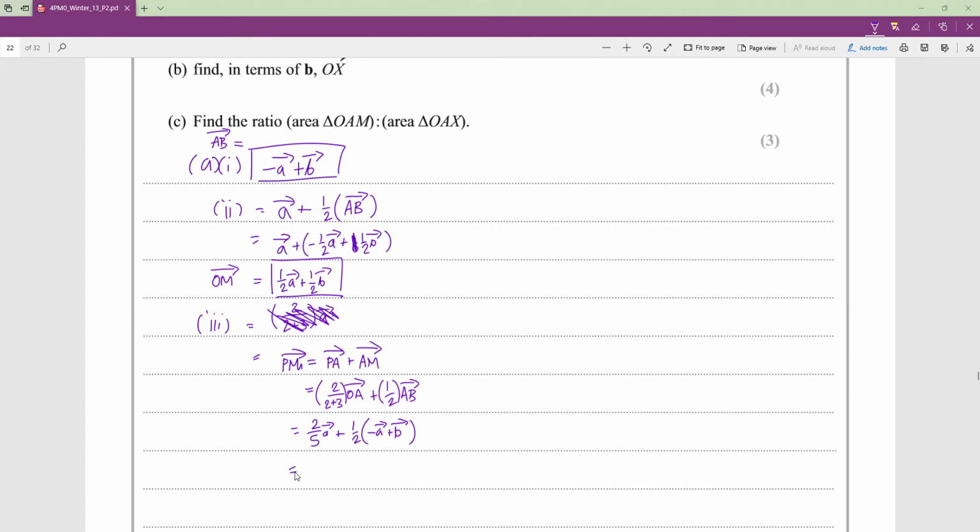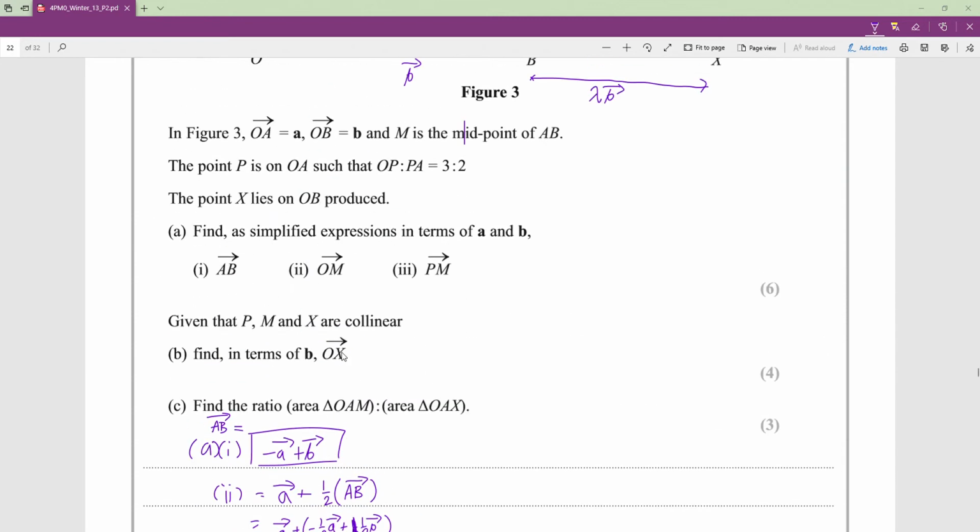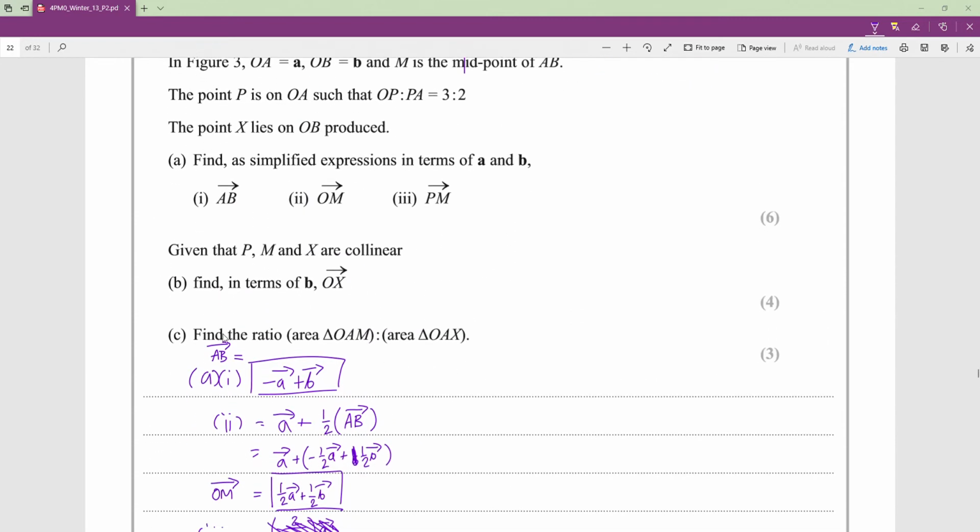And adding it all up, you get 2 over 5 plus minus a half is minus a tenth. So minus 1 over 10A plus a half B. So this part seemed to have been fairly straightforward.